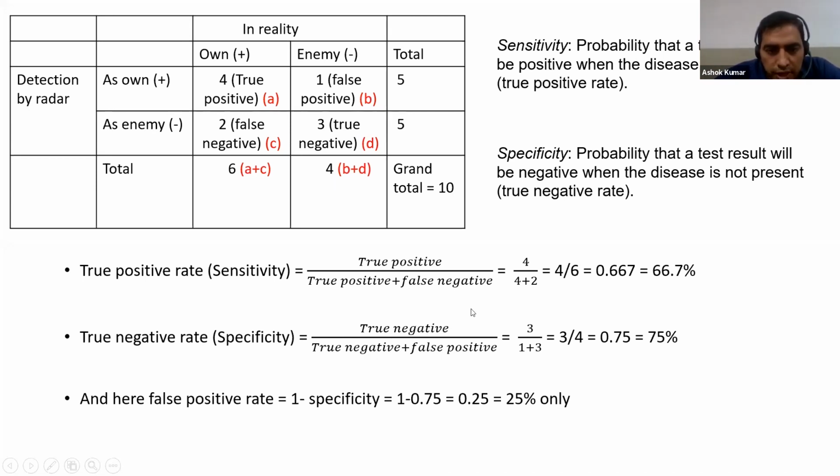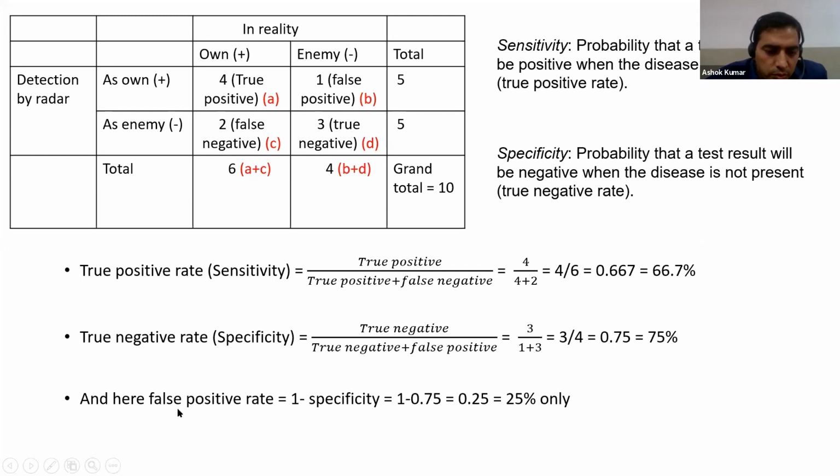So this is true negative, 3, divided by true negative plus false positive, 4. So 3 by 4, 0.75, that's 75% specificity. And what is specificity? A test will be negative when disease is not present. That is the probability.